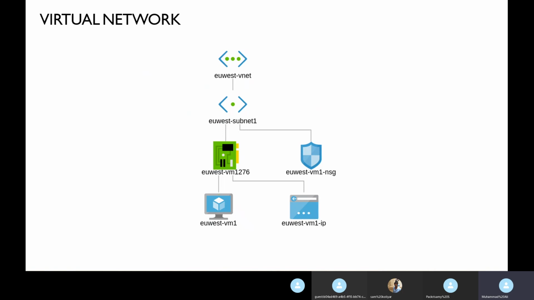So next thing is virtual network. How does the virtual network work? Once you create a virtual network, you get only the virtual network. The virtual network has the components of subnet, network NSG, and the Ethernet card.